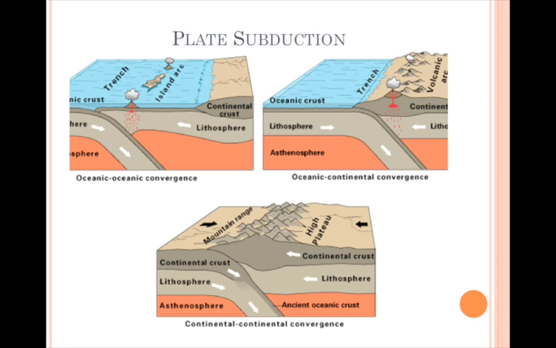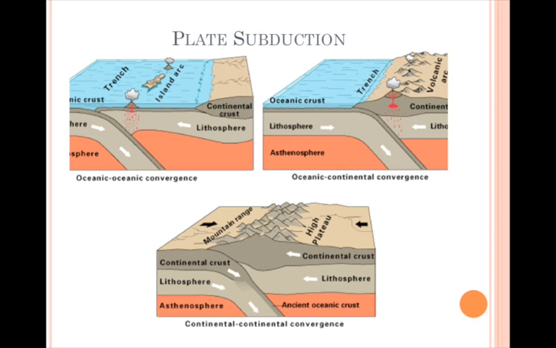There are three different locations where subduction can take place. You have the ocean-to-ocean convergence, where two plates converge under the ocean. Then we have the ocean-to-continent convergence. This is where a plate converges at a continent.